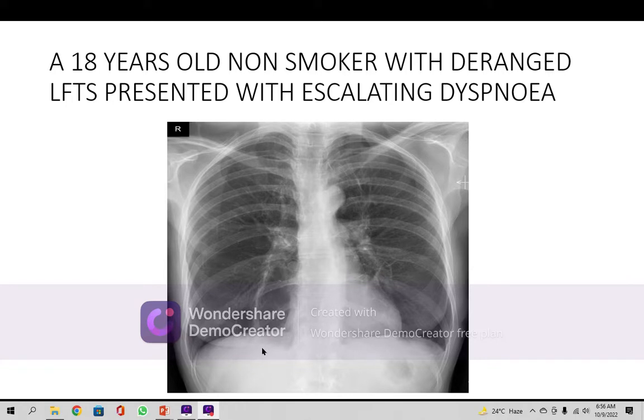Actually, this is deranged LFT with escalating dyspnea and bilateral emphysema, gradually escalating. So this is a case of alpha-1 antitrypsin deficiency, which should be diagnosed by the deficiency of alpha-1 antitrypsin in the serum. Confirm it.